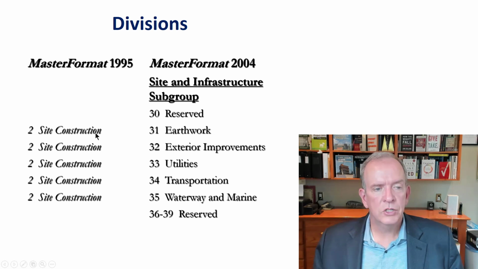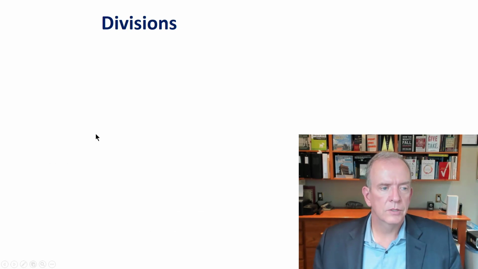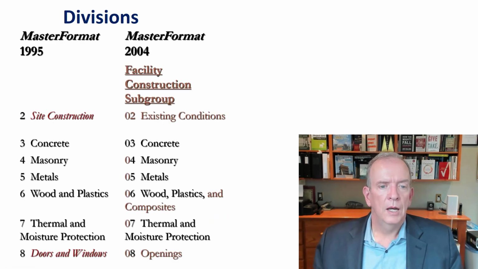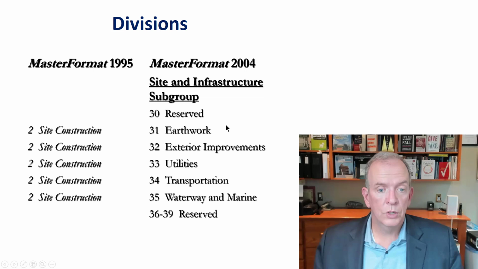Areas of site construction that weren't in the original area, what do we have under site construction? Let's just go back here. Existing conditions, which is really looking at, well, what is the existing conditions? What's there currently? It's got more information broken up under earthwork, so your excavation, exterior improvements, utilities, transportation, waterway and marine.